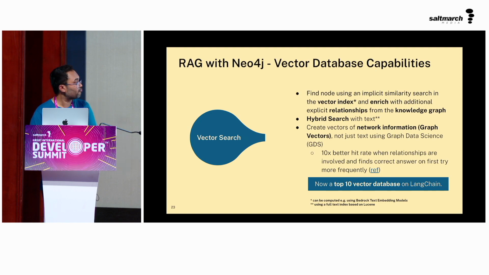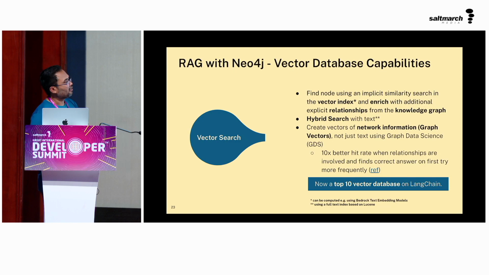And recently we have seen a trend, and there are some benchmarks by Superlinked, which you can see here, where they have created vectors of network information, which we call graph vectors. The traditional vectors are just for unstructured data. Here we are creating vectors for structured data within the graph parlance, right?